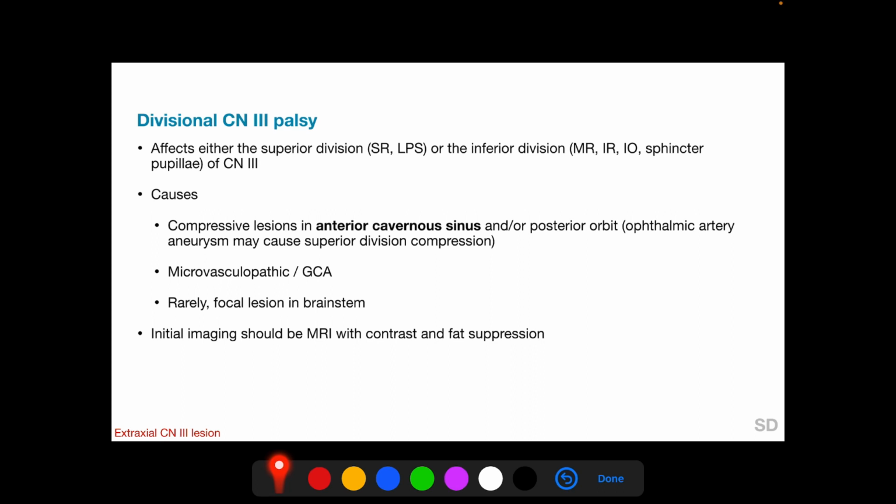And divisional third cranial nerve palsy usually arises from compressive lesions in the anterior cavernous sinus and/or the posterior orbit, such as an ophthalmic artery aneurysm, which may cause a superior division compression.